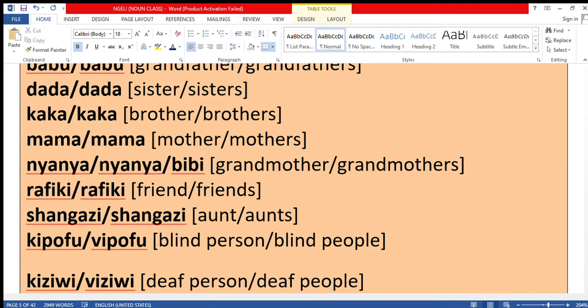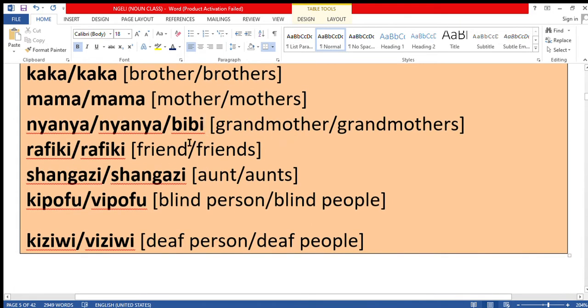It means grandmother. Even here, nyanya is grandmother, and another meaning for nyanya is tomato. You know the spices. Tomato is nyanya. So, rafiki.